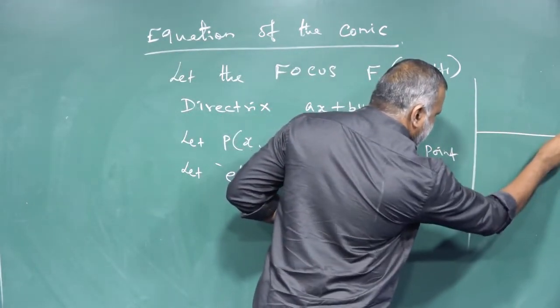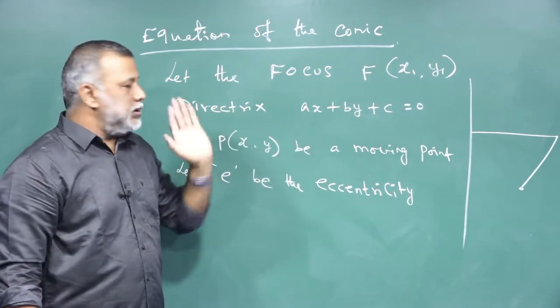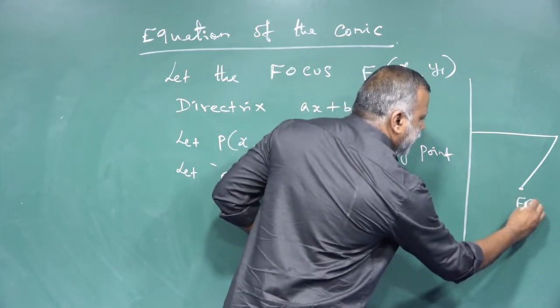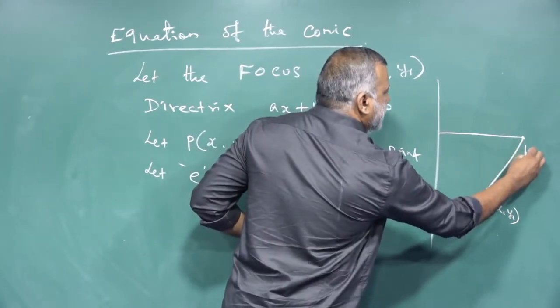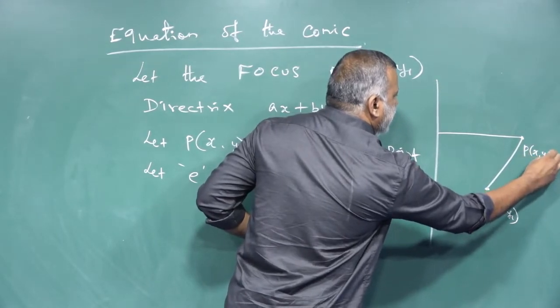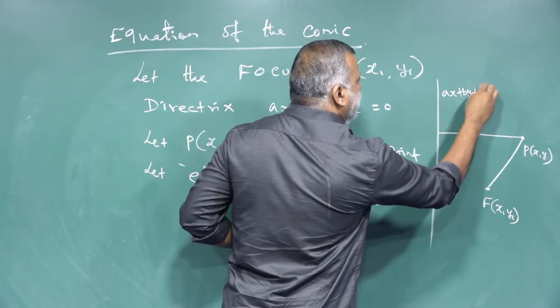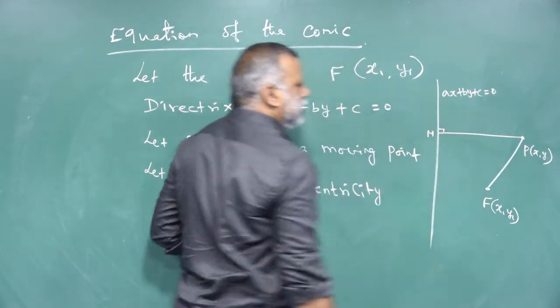All these representations are denoted by this diagram: F of (x1, y1), P of (x, y) a moving point, and this line ax plus by plus c equal to 0. PM is the perpendicular.